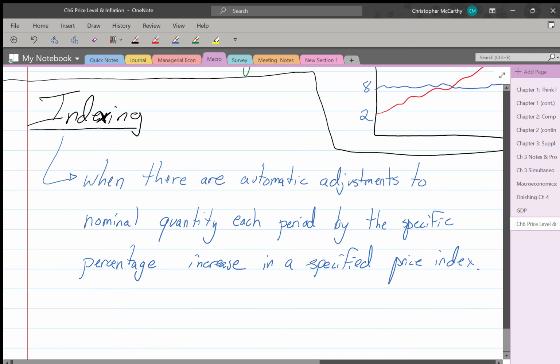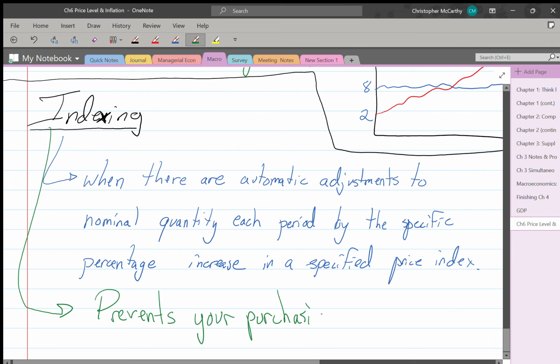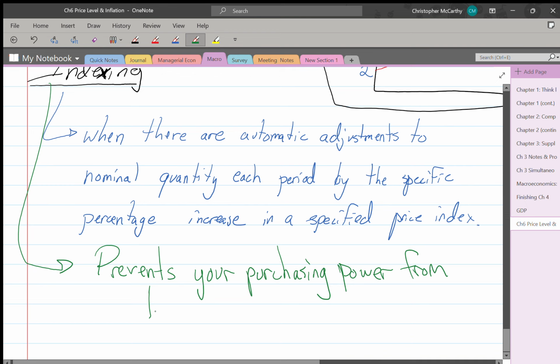So what does indexing do? It prevents your purchasing power from being eroded by inflation.